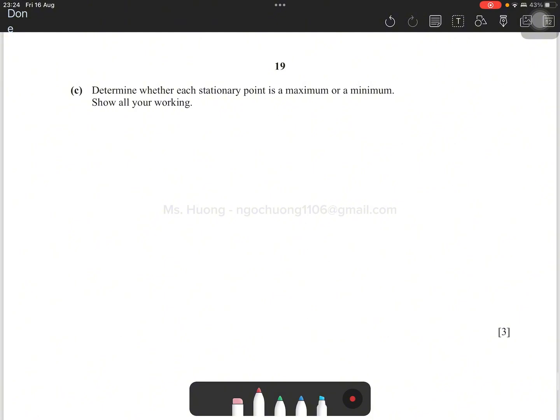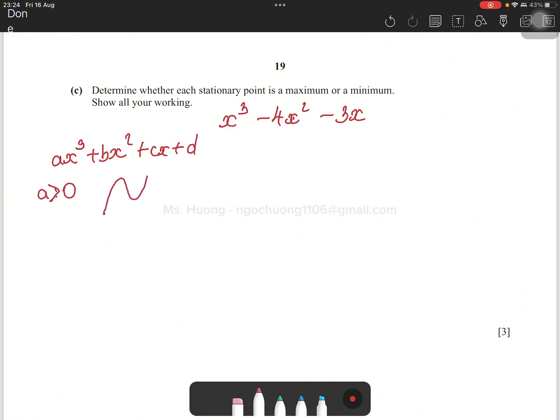C. Determine whether each stationary point is a maximum or a minimum. Show your working. So in this case, we see that x cubed minus 4x squared minus 3x. And you know that for a graph of ax cubed plus bx squared plus cx plus d, if your a is positive, then the graph will be like this.